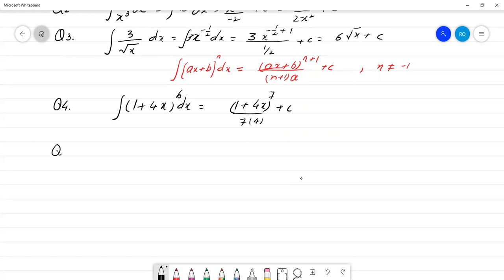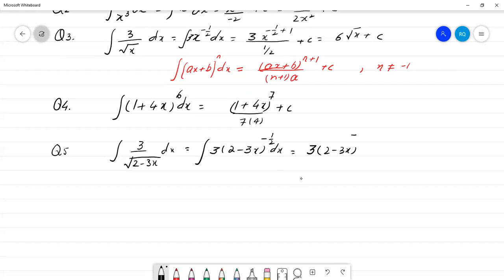So if you have the question number 5, just like this one, 3 over under root 2 minus 3x. What should be its answer is, first you have to write the power as whole expression, 2 minus 3x raised to power minus 1 by 2. What we'll do, 3 as it is, you have to write 2 minus 3x.